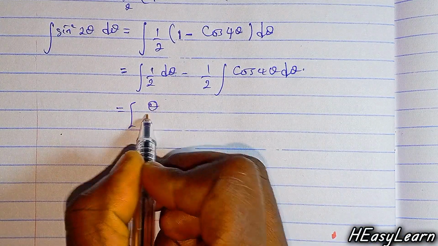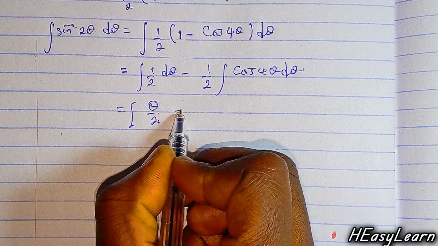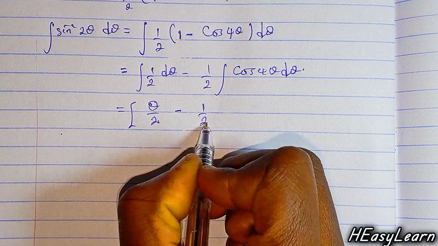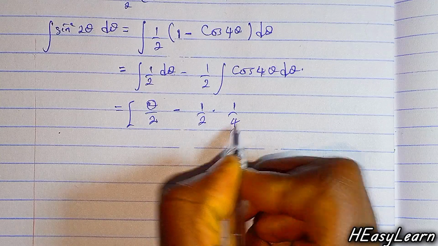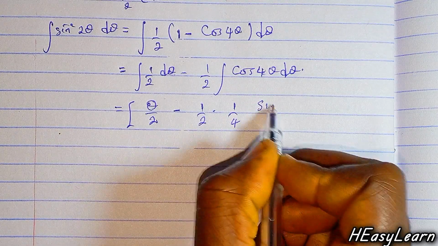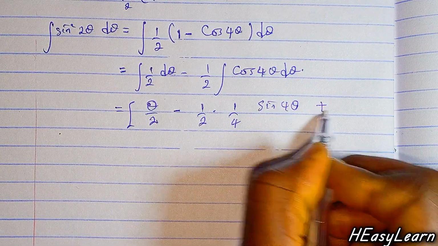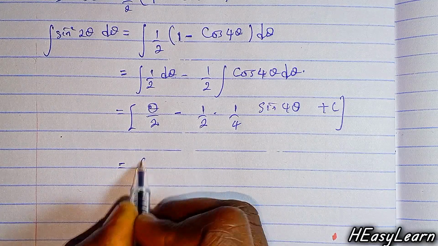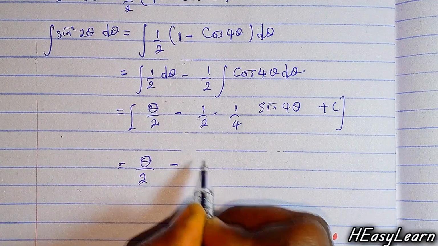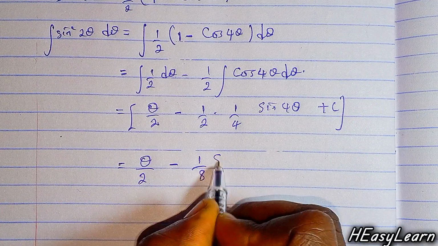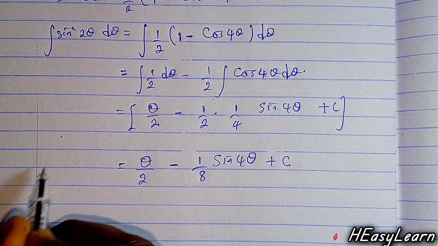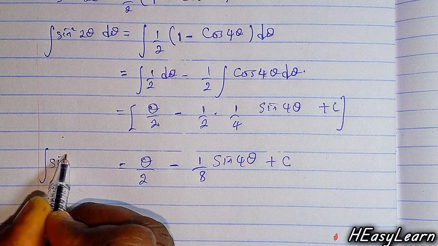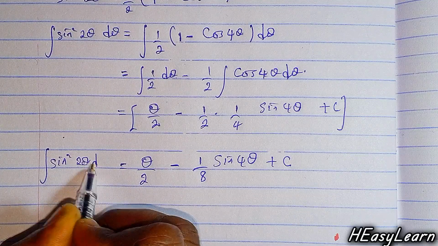This is theta divided by 2 minus 1/2 multiplied by 1/4 sine 4 theta plus constant of integration. This is theta/2 minus 1/8 sine 4 theta plus constant of integration. This is the integral of sine square 2 theta d theta.